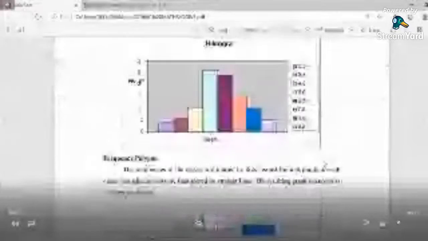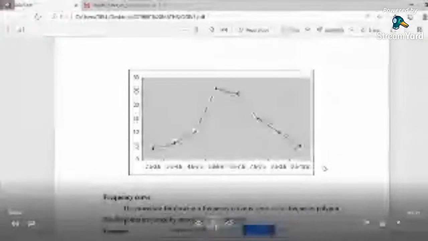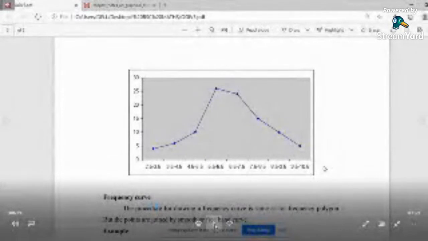Sometimes in newspapers you can see either histograms or this type of frequency polygon. Using these frequency polygons, we can easily understand the structure of the distribution. That is the speciality. People commonly use this frequency polygon for representing data. This is a smooth curve drawn through.